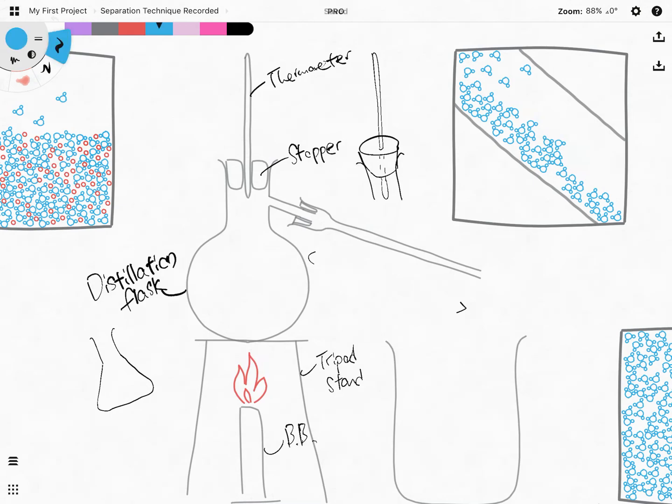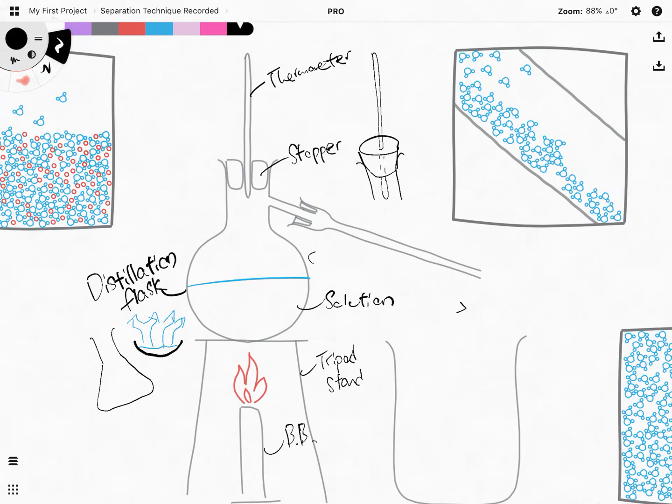In the distillation flask, we're going to put the solution, which is the mixture, and we're going to heat it up. Unlike in crystallization, where we heat up the solution in an evaporating dish, the problem with that is that when we heat it in an evaporating dish, it just evaporates away into the atmosphere, into the air.